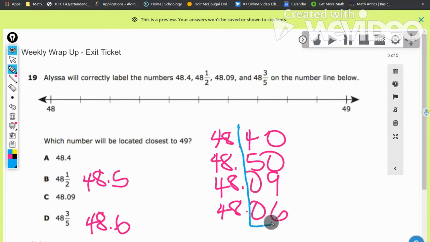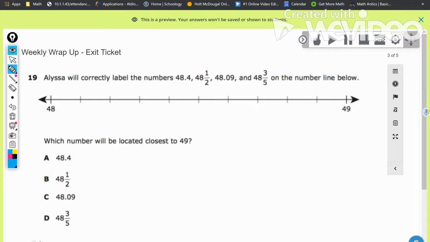That's my tenths place. And it says which number will be located closest to 49. So I'm looking for the greatest number, and that is 48.5. So that is B as in boy for that one. Okay. My next question.